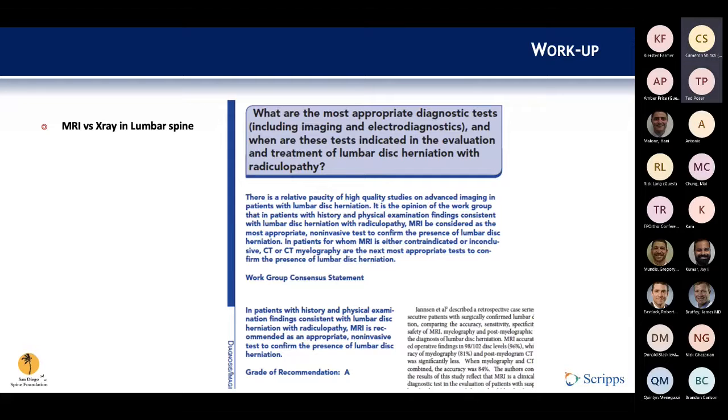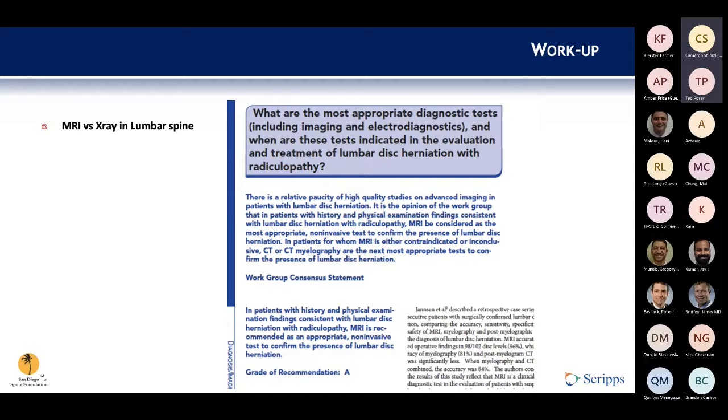And then in the lumbar spine, the working group consensus is that in patients with a history and physical examination consistent with lumbar disc herniation with radiculopathy, MRI is recommended with a grade A recommendation for workup.